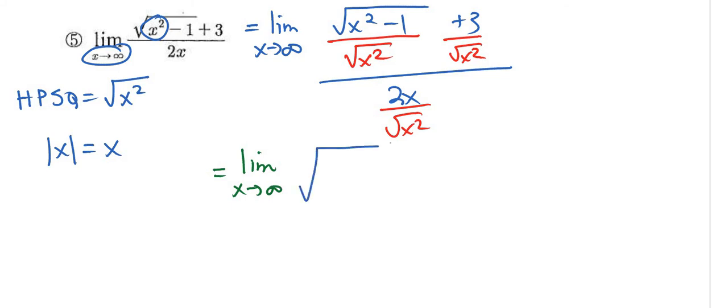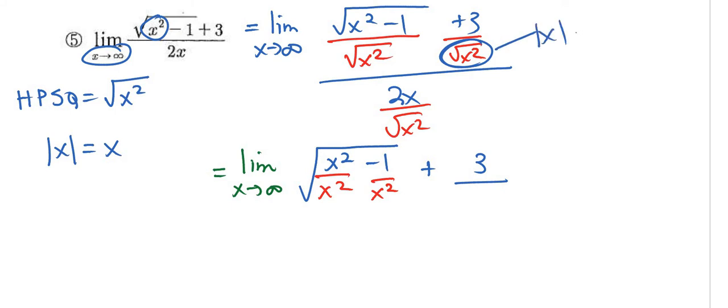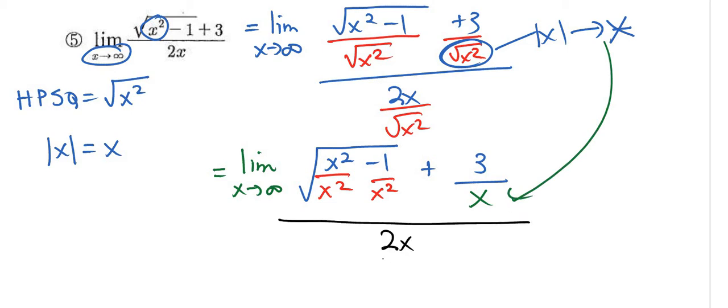So this will be the square root of x squared minus 1, all divided by x squared, plus 3 over, well, this expression right here, once again, that's the absolute value of x, and in this case, the absolute value of x is going to be positive x, because we're going to positive infinity, so I will go ahead and just put a single x down there. All divided by 2x divided by x.